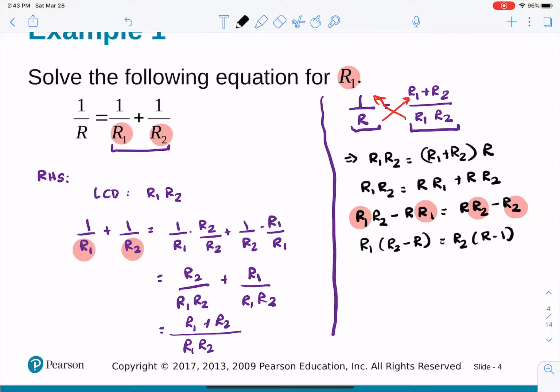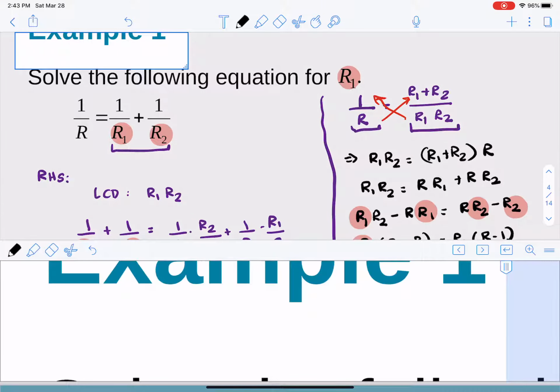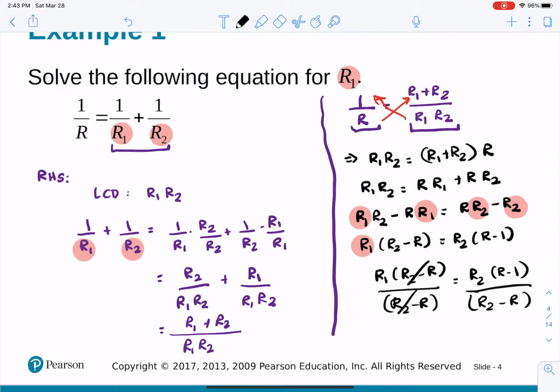So we have to solve for r1, so I'm going to divide by r2 minus r on both sides. So those two terms would go away, which would give me r1 equals r2 times r minus 1 divided by r2 minus r.